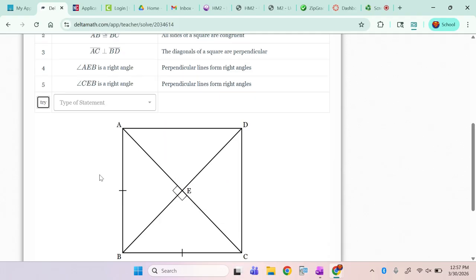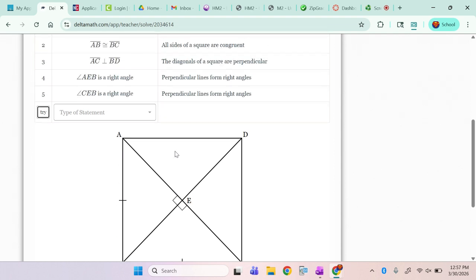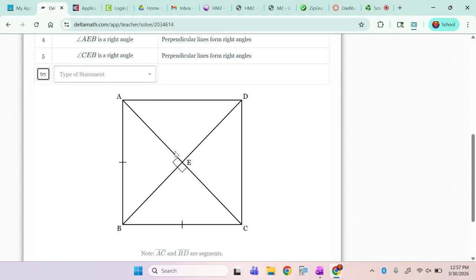Now, why would I care that they're right angles? What does that make these two triangles? They're right triangles. And what postulate could we possibly use to prove that two right triangles are congruent?